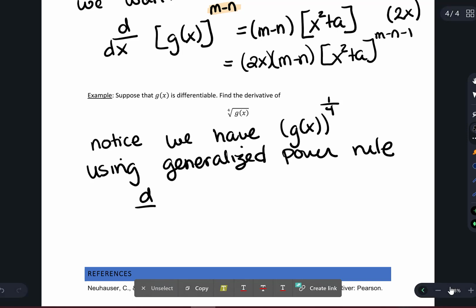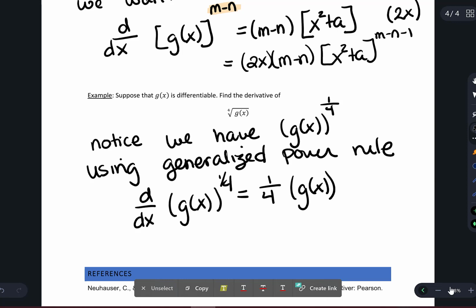We're going to have the derivative with respect to x of g of x to the 1/4. Well, using the generalized power rule, the 1/4 comes out front. We would multiply that by g of x, subtract 1 from the exponent, so we're going to have minus 3/4, and then we multiply that by the derivative of g of x.